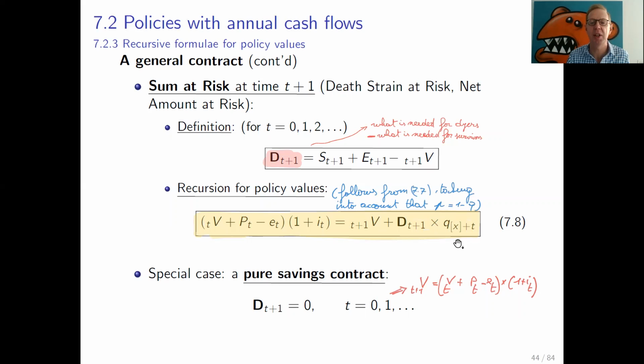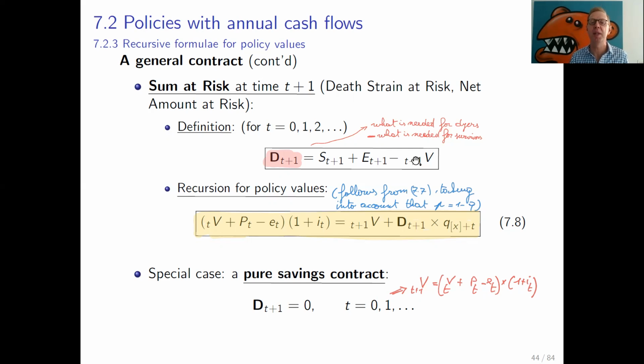What is the interpretation here of the right-hand side? What do we require at time t+1 minus? We require Vt+1 for everyone. Remember, before we always said Vt+1 is only for the survivors. Let us now say, in the first stage, we reserve Vt+1 for everyone, everybody surviving or not. But for all the ones who die, we need then St+1 plus Et+1, but there is already Vt+1, so minus Vt+1.